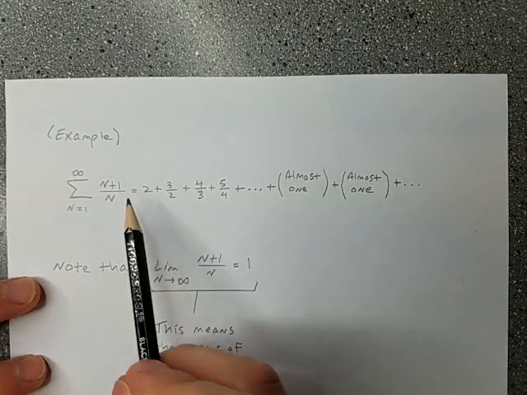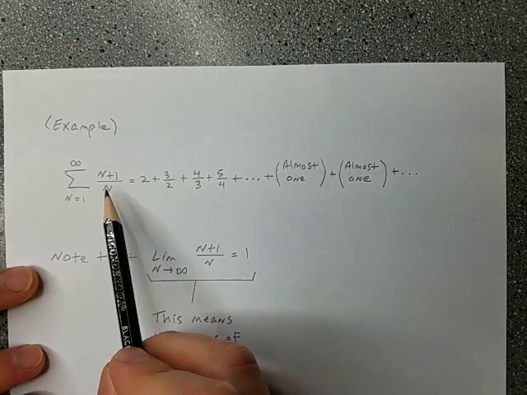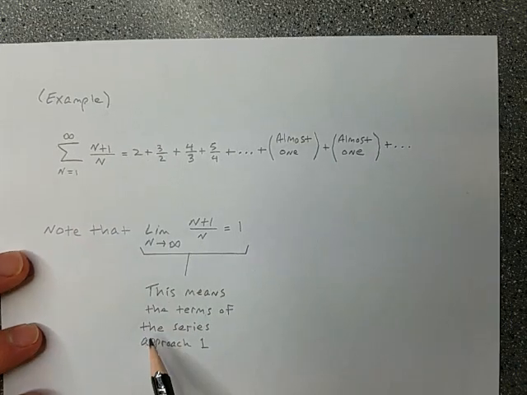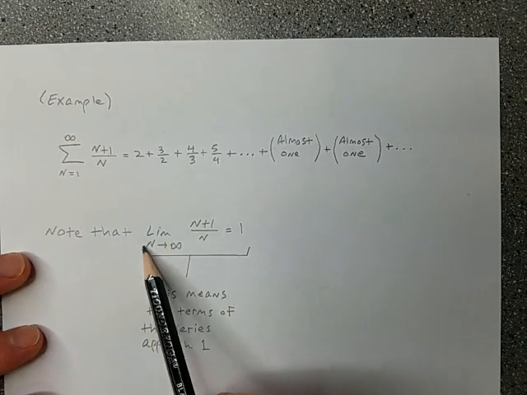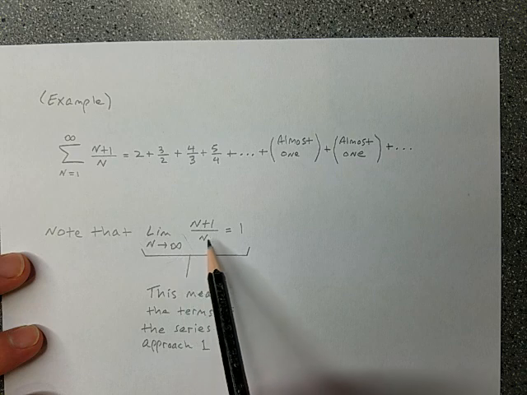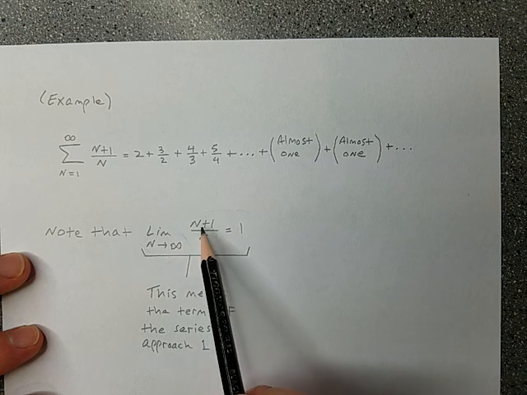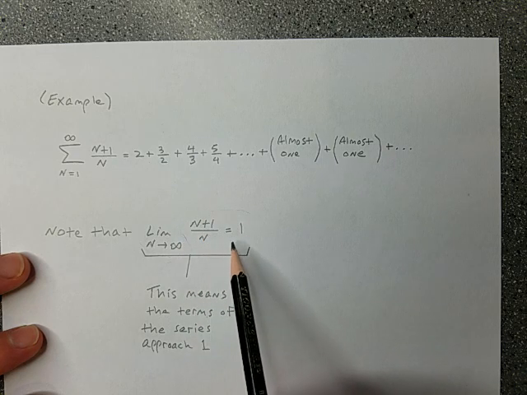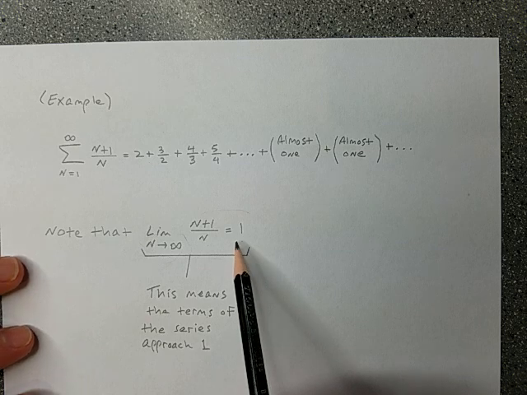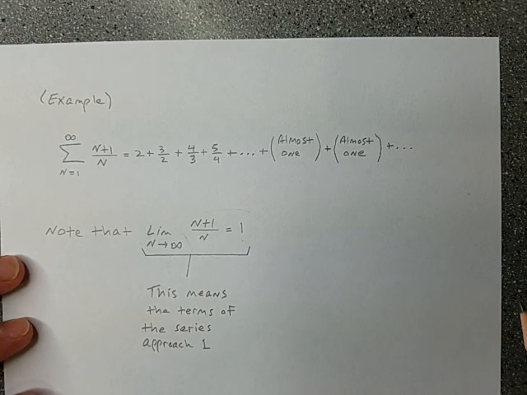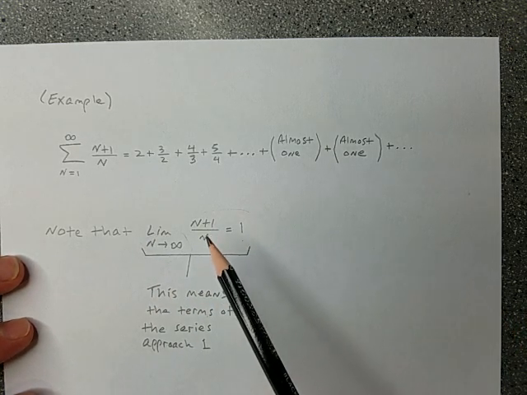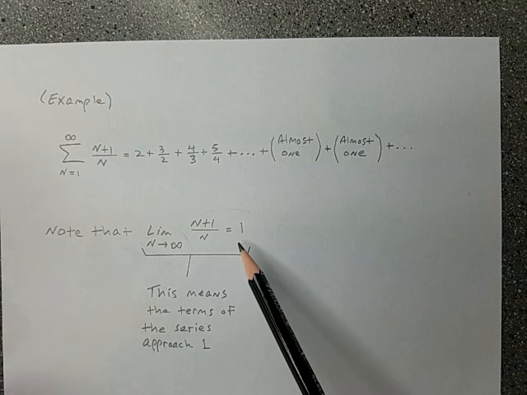What I notice about this series is, do you see that thing right there, n plus 1 over n? The bigger n is, the closer n plus 1 over n is to 1. Meaning the limit as n goes to infinity of n plus 1 over n is 1.